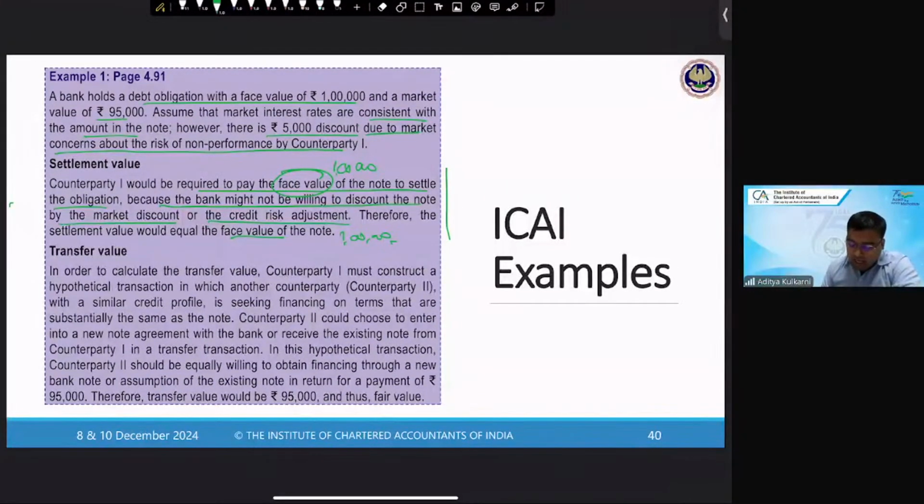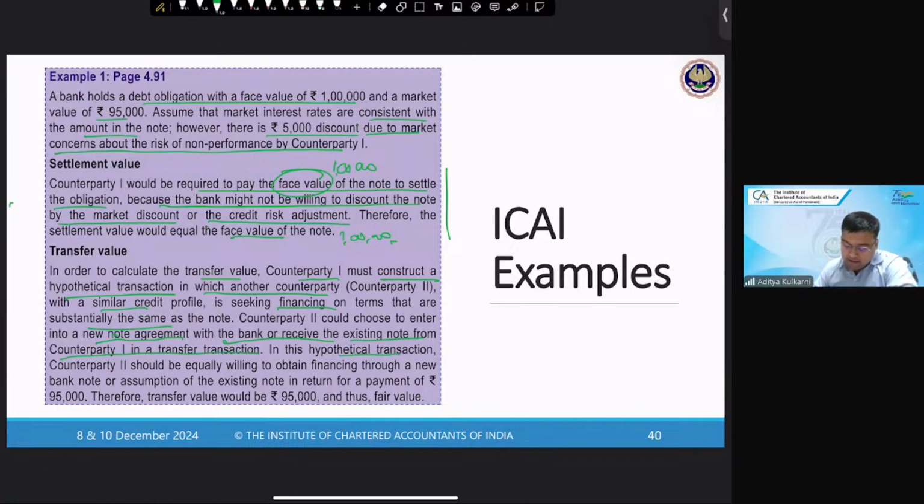Now, to calculate the transfer value, counterparty 1 must construct a hypothetical transaction in which another counterparty with a similar credit profile is seeking financing on terms substantially the same as the note. Counterparty 2 could choose to enter into a new note agreement with the bank or receive the existing note from counterparty 1 in a transfer transaction.